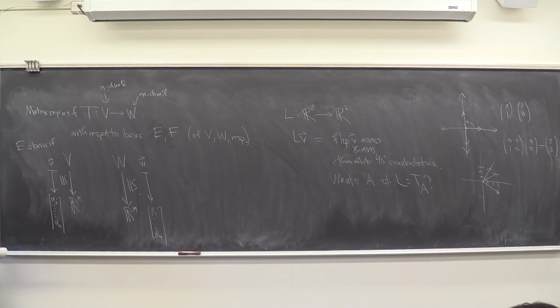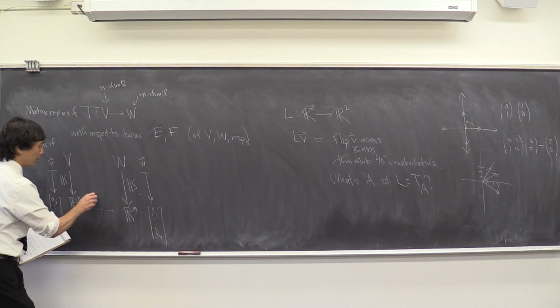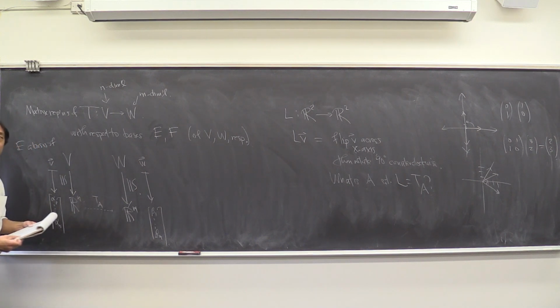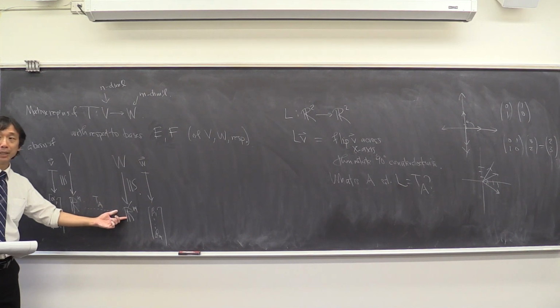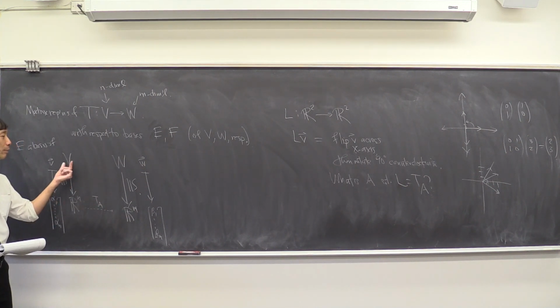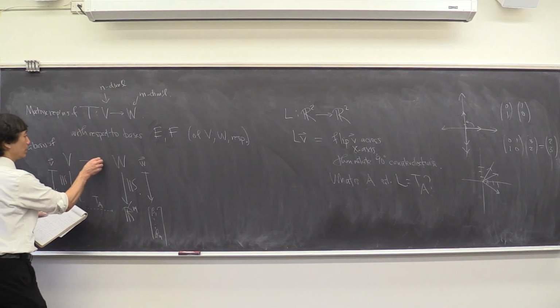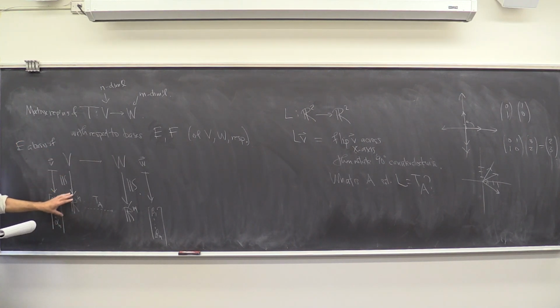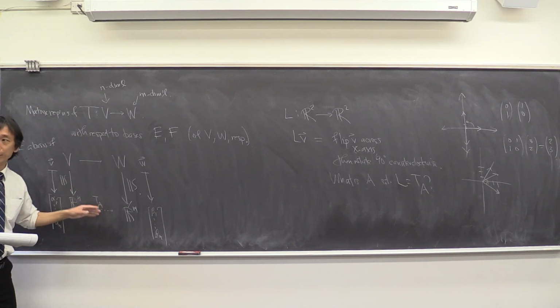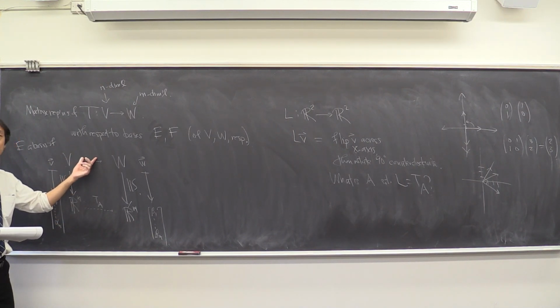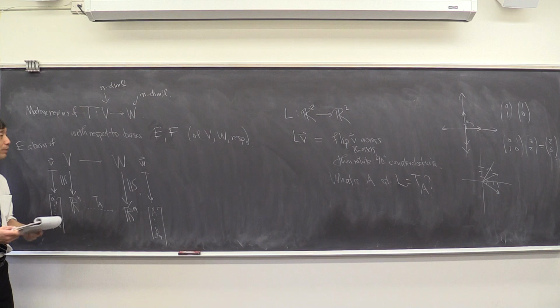So really, when we say we have a matrix representation, what we're going to construct is this guy. We're going to construct the matrix A that goes from Rn to Rm in a way that parallels the behavior of T going from V to W. Thinking of V as Rn, thinking of W as Rm, what matrix is going to behave like T does on V and W?